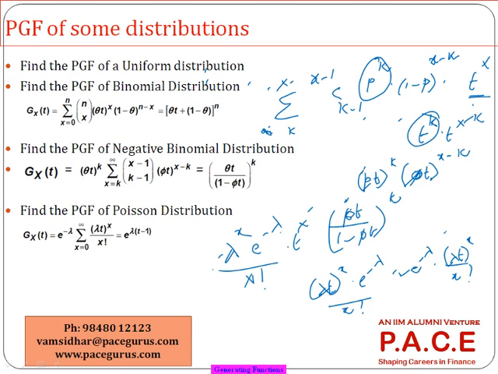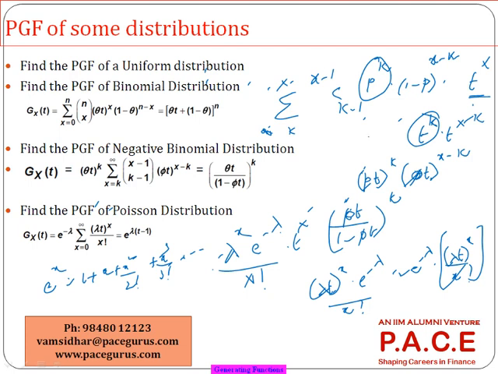The expansion for this is e^x = 1 + x + x^2/2! + x^3/3! and so on. Here, (lambda t)^1/1!, (lambda t)^2/2! is exactly similar to your e^x expansion.